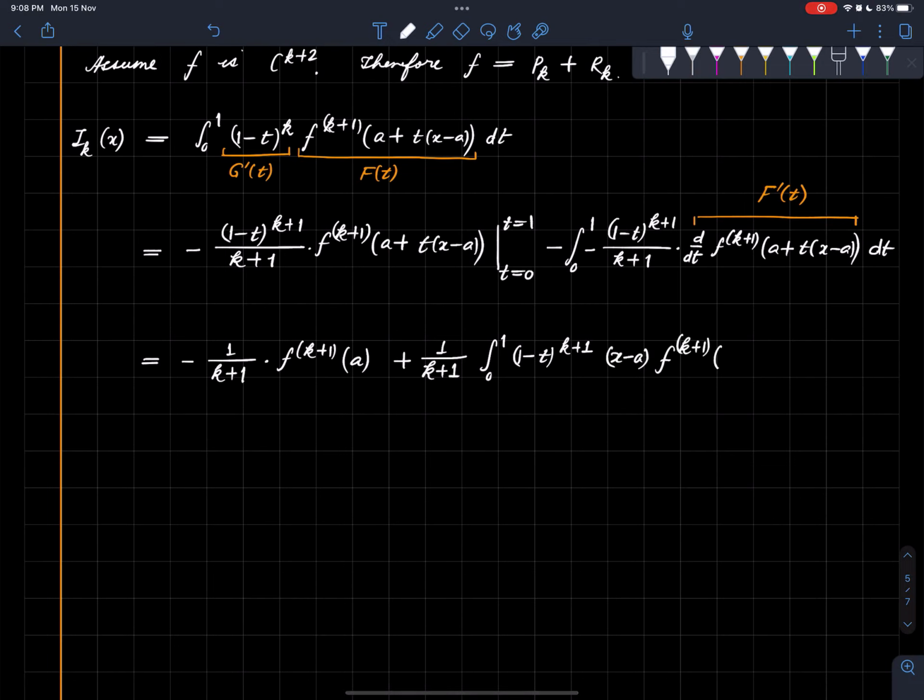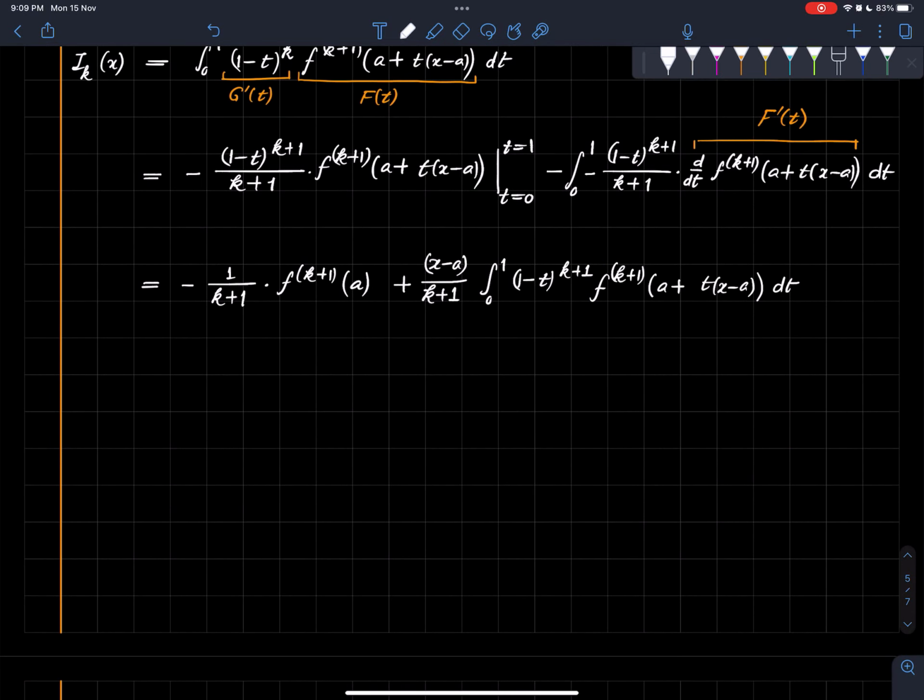And you get this. So this x minus a I really want to take here, and let me do it. So I take it and put it here, and I adjust the expressions. All right, a lot of time saved.